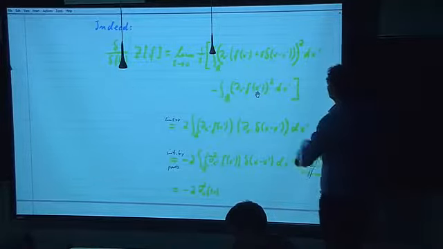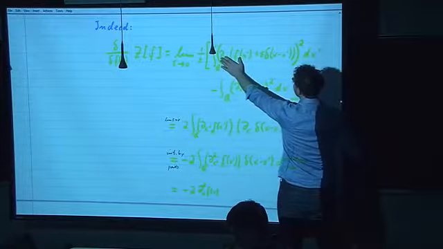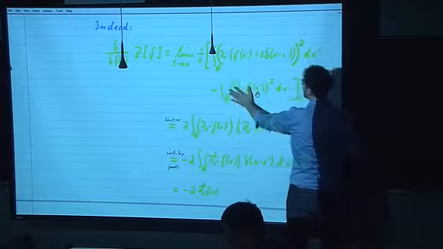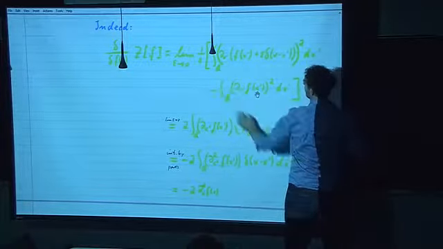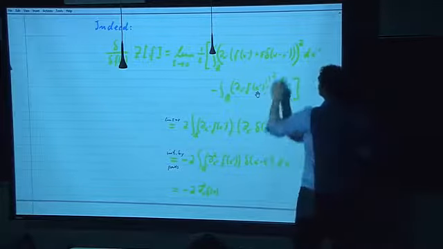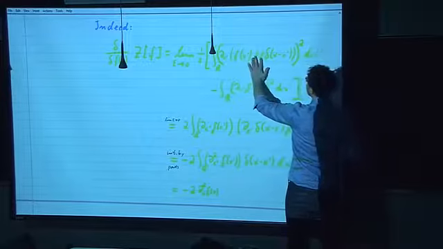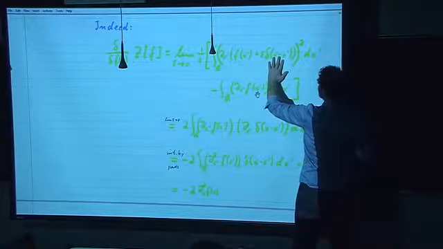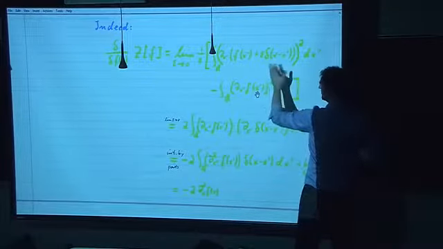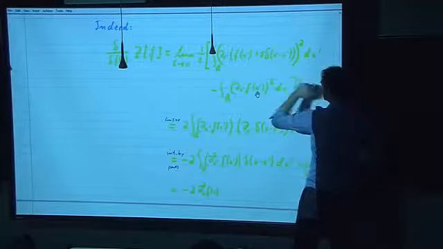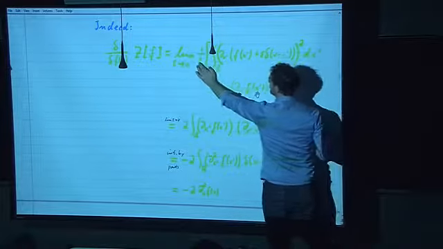And when we carry that out, what do we get? We get the dxf squared, which we cancel with that term because that term has a minus. We will get a term that has 2 dx prime f times epsilon times the Dirac delta. And this is a term that will survive because it's proportional to epsilon, and there's an epsilon in the denominator.